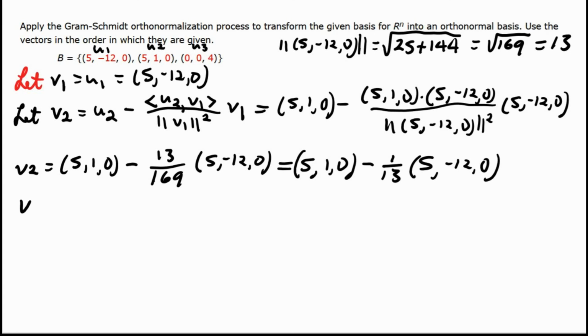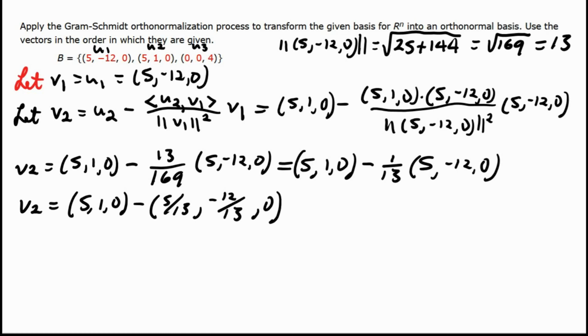So v sub 2 is (5, 1, 0) minus (5 over 13, -12 over 13, 0). You work that out, and I worked that out.